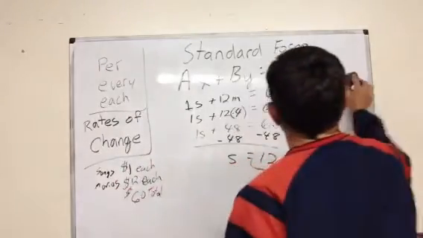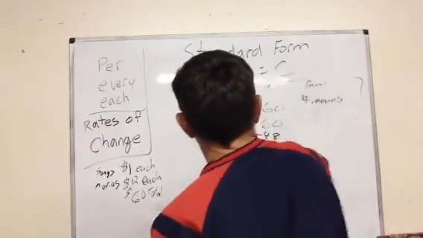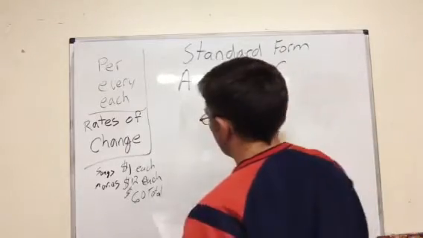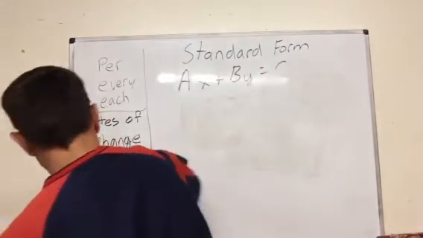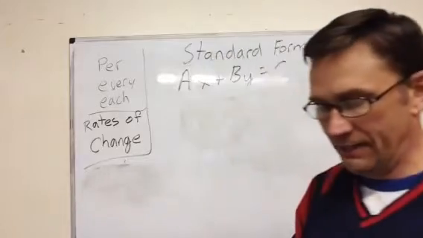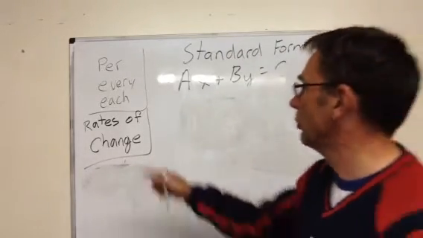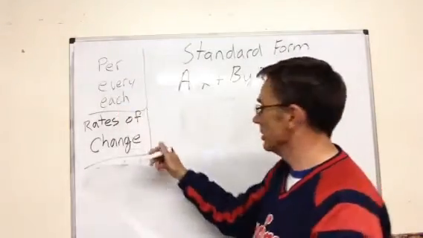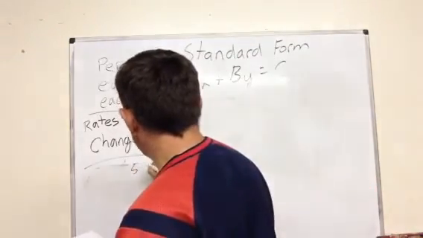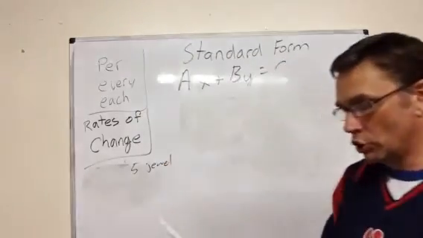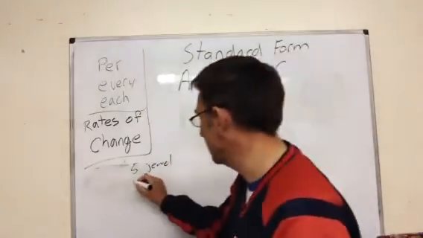Number 2. It reads, in a video game, you earn 5 points for each jewel you find. There's the word each. So 5 points for each jewel. You earn 2 points for each star.